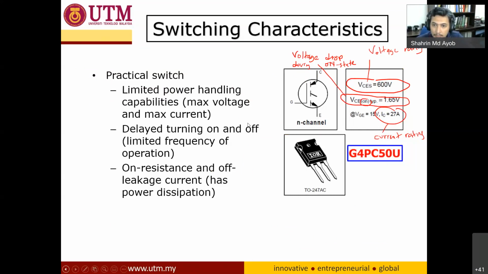And the current here is usually the maximum current that can flow inside the device when the device is on, because there is a limitation due to the material used. Some materials are capable of handling high current, but some materials cannot.